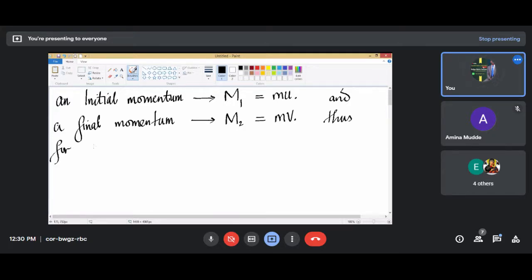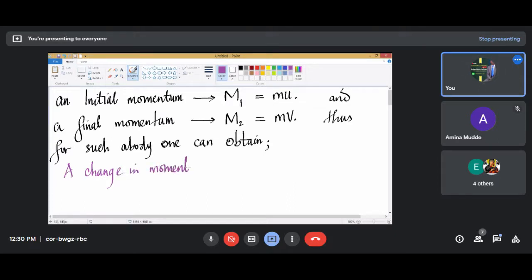Thus, for such a body, one can obtain what we call a change in momentum, which will be given by the difference between the two momentum values, capital M2 minus capital M1, which is the same as mv minus mu.